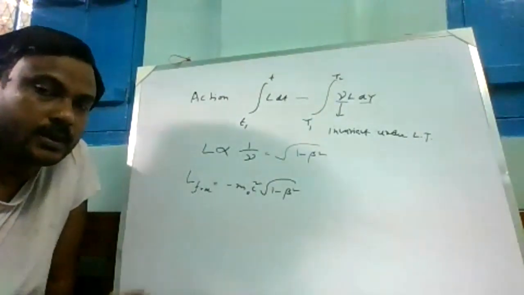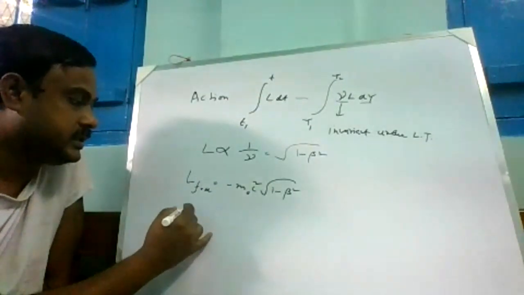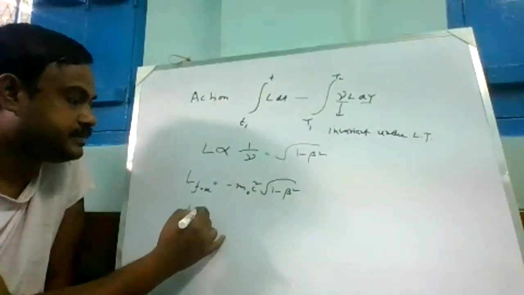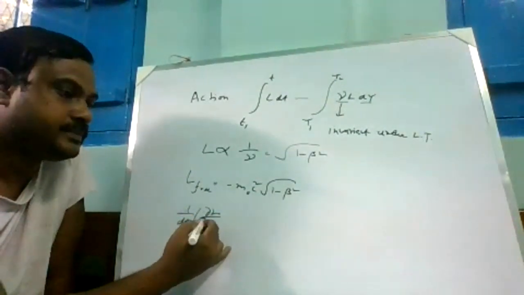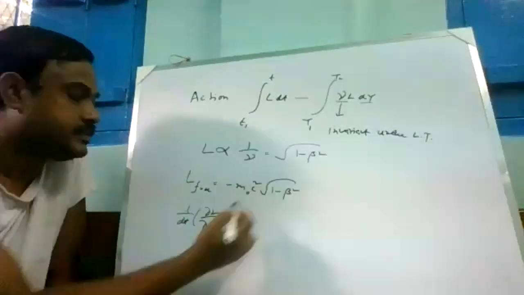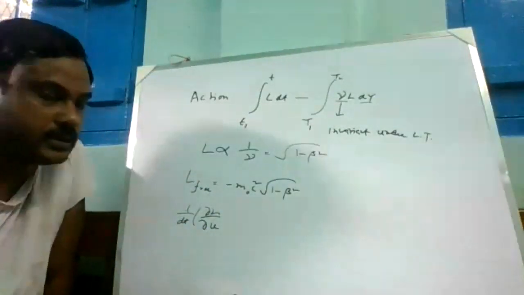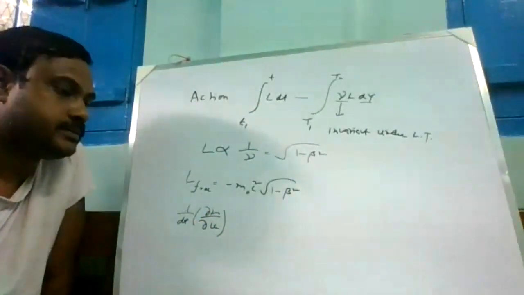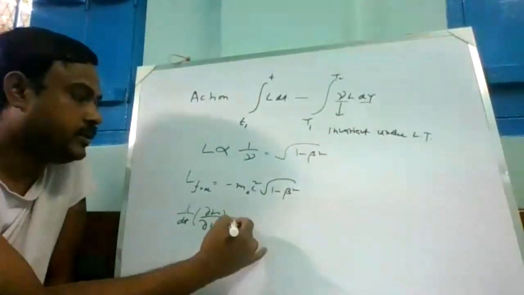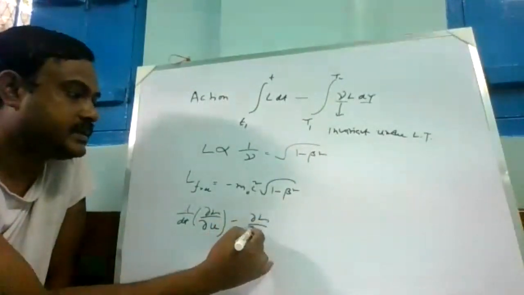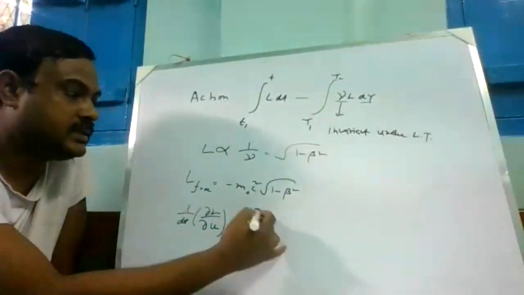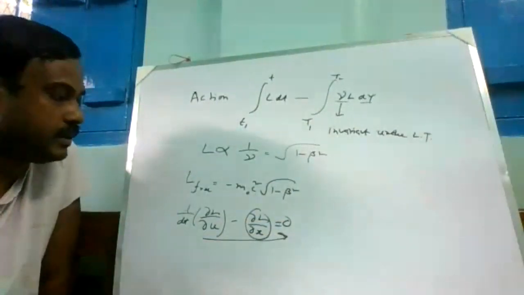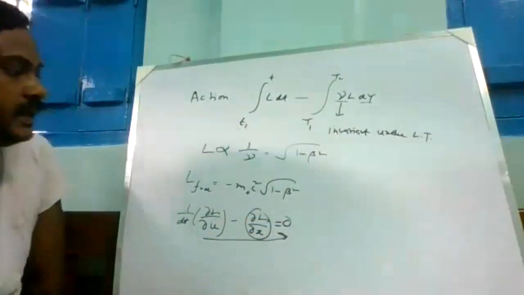Now we know Lagrange's equation of motion is d/dt of del L del u, where u is velocity, equals minus del L del x, but this thing is equal to 0. So this goes to 0.